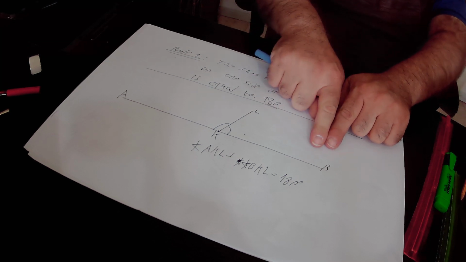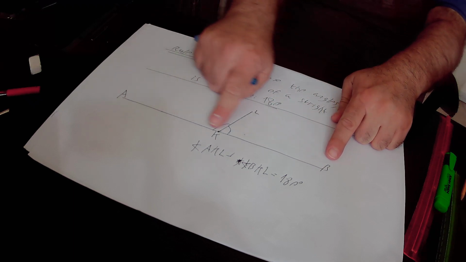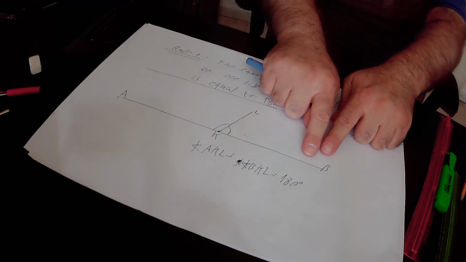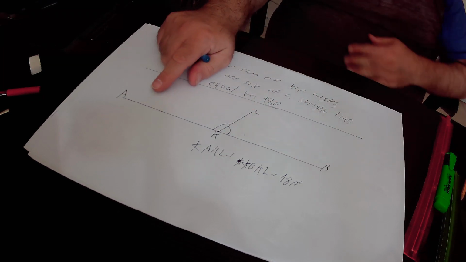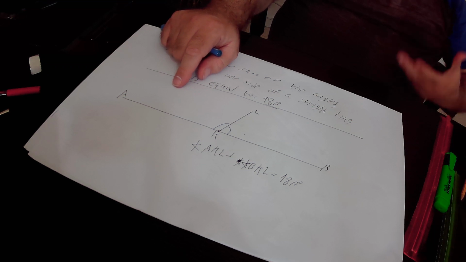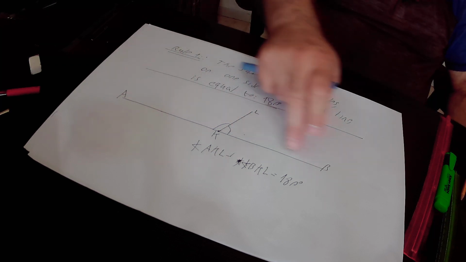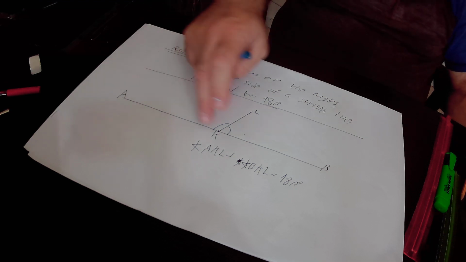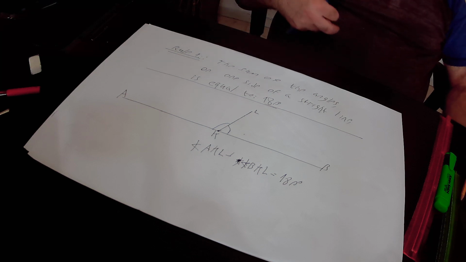Because angle AKB is a straight angle, an angle that is equal to 180 degrees, since it creates a straight line. And AKB is a straight line, of course. Therefore, angle AKB equals 180 degrees according to rule number 1.